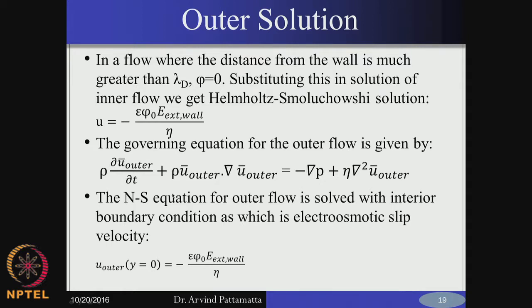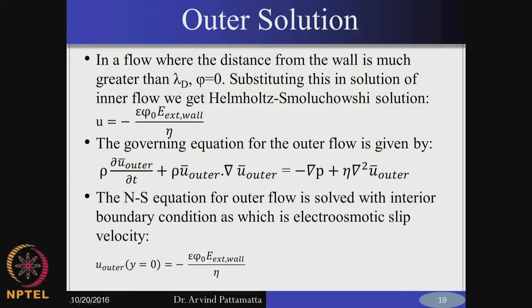This will give you a linear profile. Since you have the same value of velocity at y equal to 0 and the top wall, it will become equal to the value at the boundary itself. So that will become your Couette flow solution.